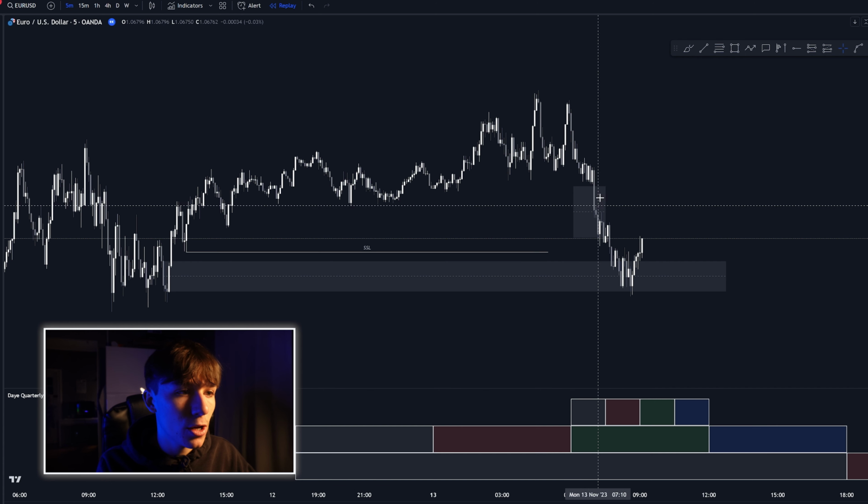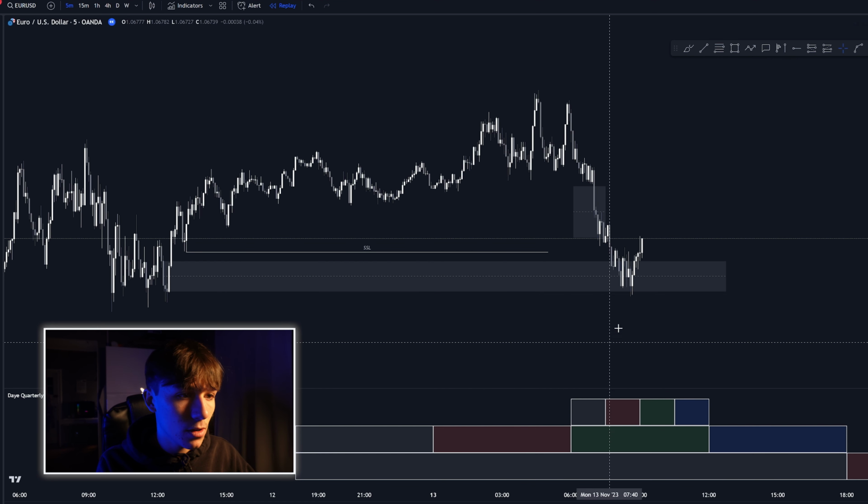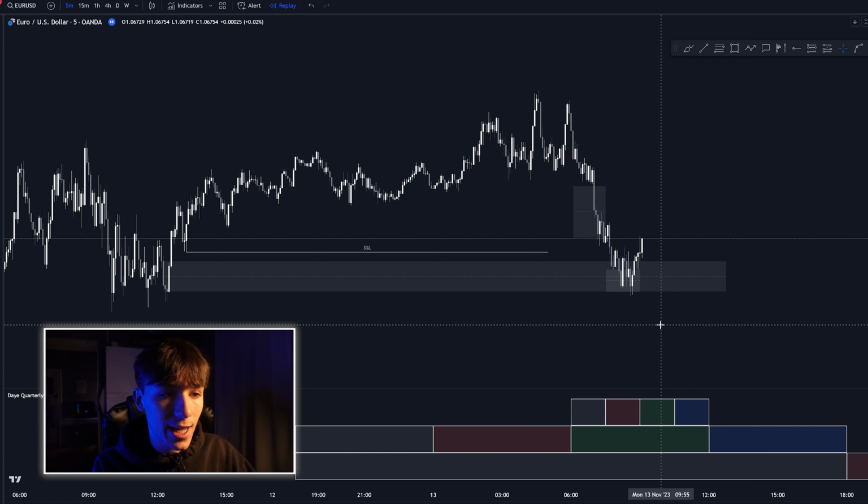This is a drop to the downside. So this is a continuation or reversal, doesn't matter. Then we can expect the next quarter to be an accumulation. So let's see if that is true. Oh yes, that's right. We have an accumulation right here, right inside that POI. And notice that I'm not using it without any other strategy. This is happening inside my zone that I'm interested in longs for.